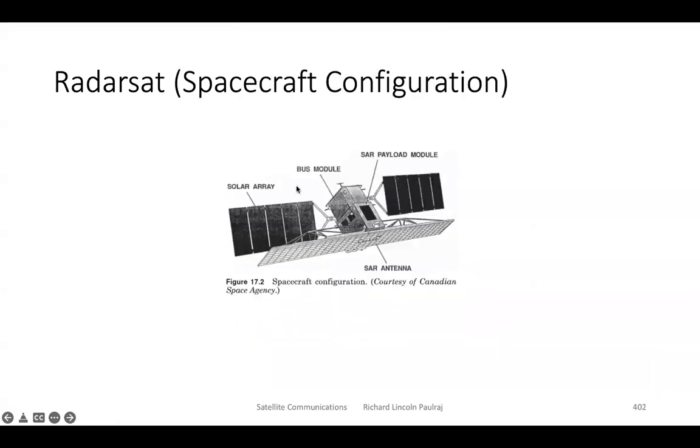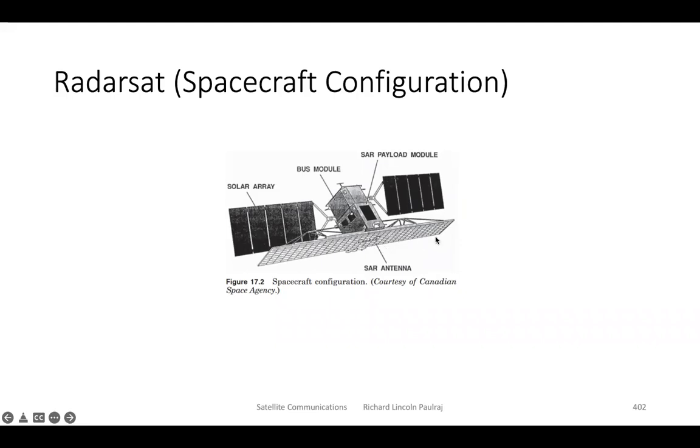So this is a simple Radarsat spacecraft configuration where these are the panels, as you can see, the solar panels, and this is the bus module, which means the vehicle which actually carries them, and this is your SAR. So SAR you have seen previously, right, and the payload module actually stays inside, and these are the antennas.